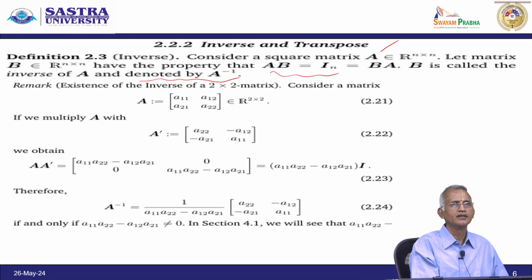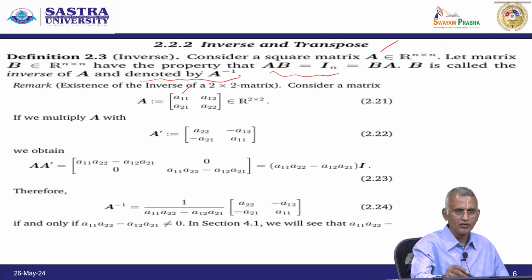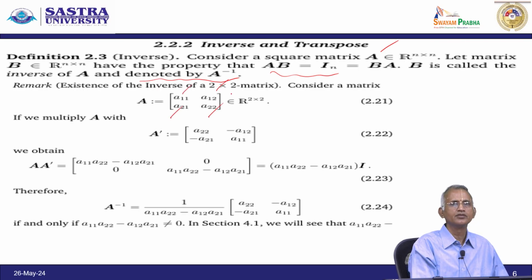So, note the existence of the inverse of a 2 cross 2 matrix. Consider the matrix A11, A12, A21, A22, which belongs to R power 2 cross 2.